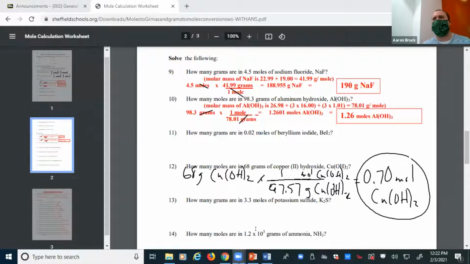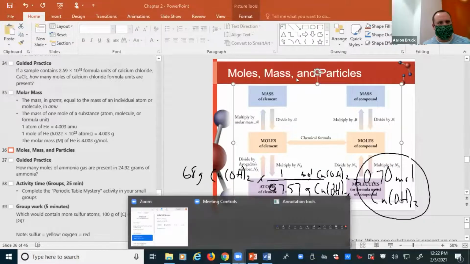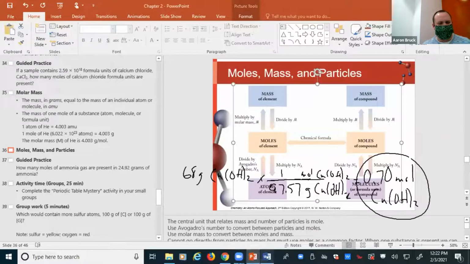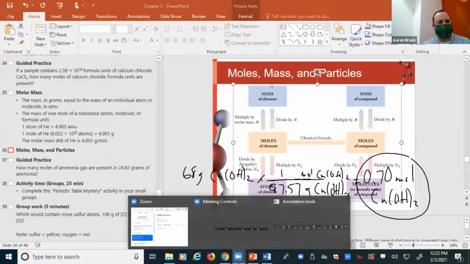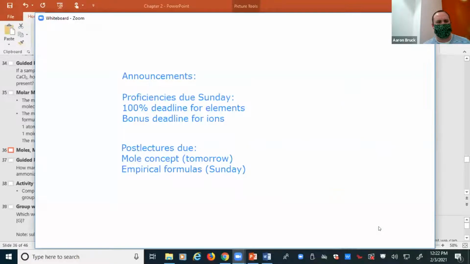Any questions before we move off of it? All right, so let's go to our whiteboard then. And let's do some examples that are a little bit more rigorous.